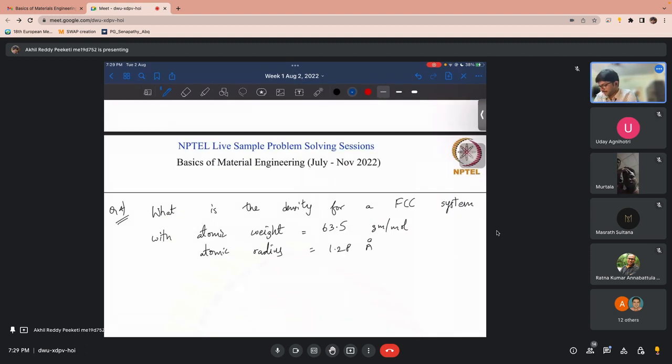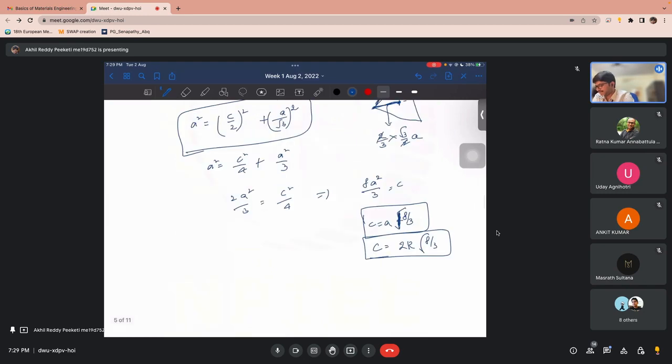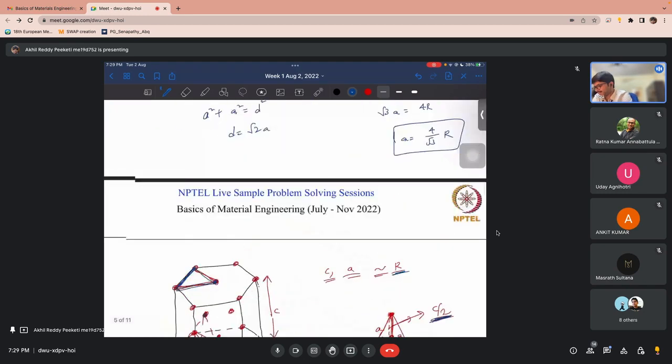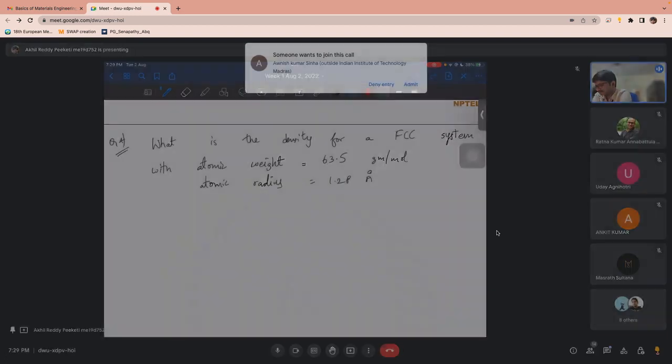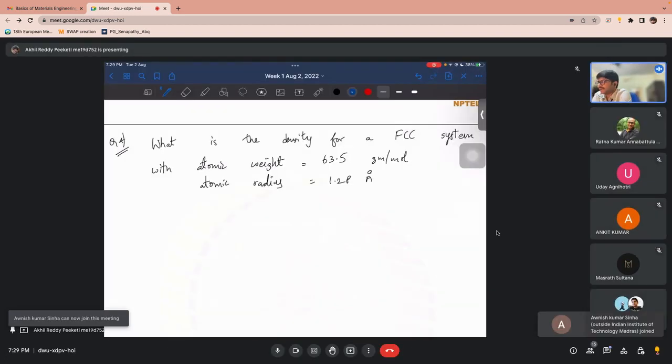Okay. So the next question is estimating the density. Now we have seen dimensions in terms of the radius of the unit cell, and we have seen how many atoms per unit cell. So if you know these two, can we estimate the density knowing the atomic weight? So that is the next question. Can any of you tell me the formula to estimate the density?